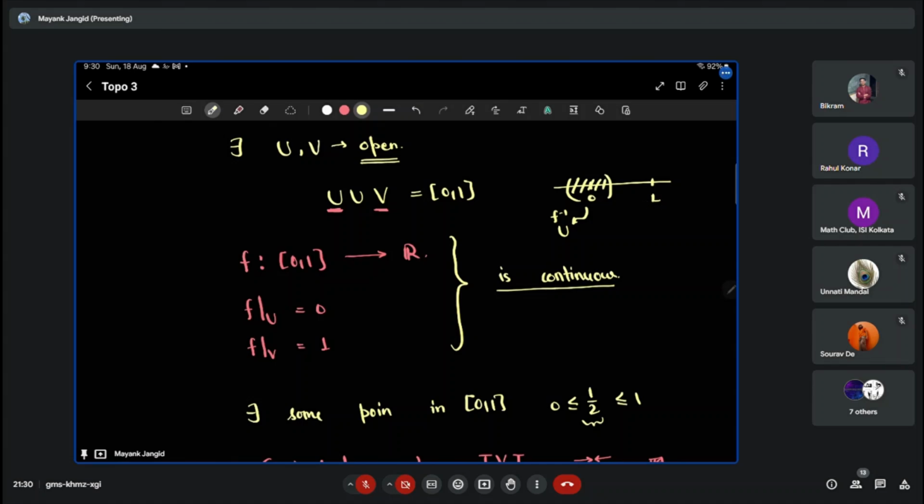Similarly, if an open set contains just 1 and does not contain 0, then the pre-image is V, which is open. And if any open set contains both 0 and 1, then the pre-image is the full set [0, 1]. So this map is definitely continuous. Is it okay?